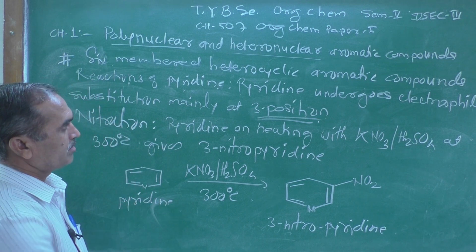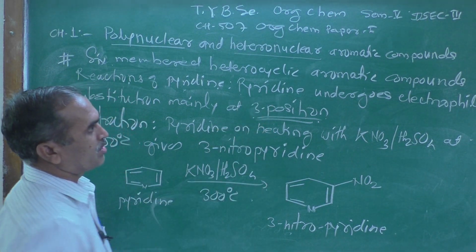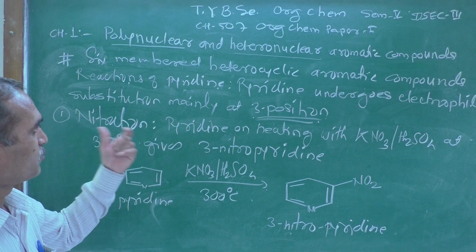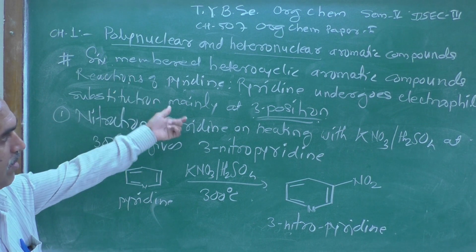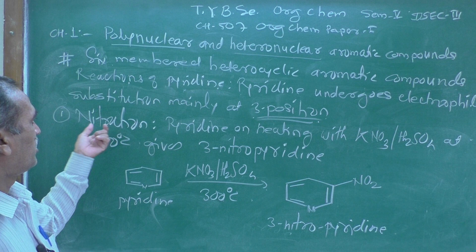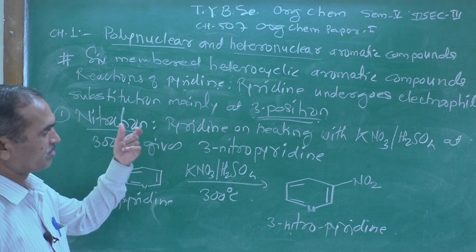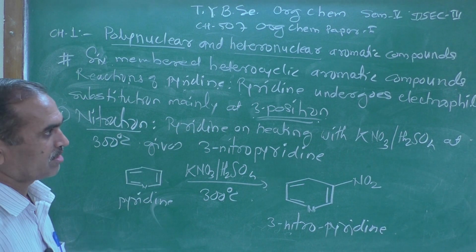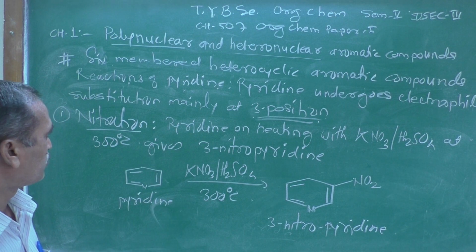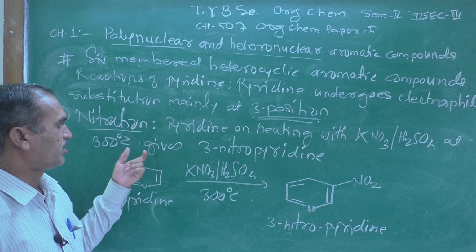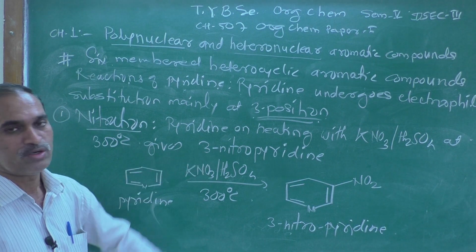See, once again, pyridine undergoes electrophilic substitution reaction mainly at the 3 position, and the first reaction is a nitration reaction. Pyridine on heating with KNO3 and H2SO4 at 300 degrees centigrade gives 3-nitropyridine.